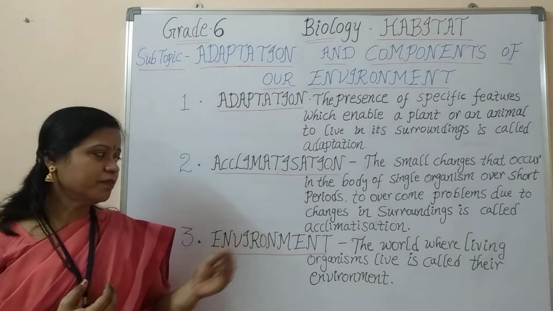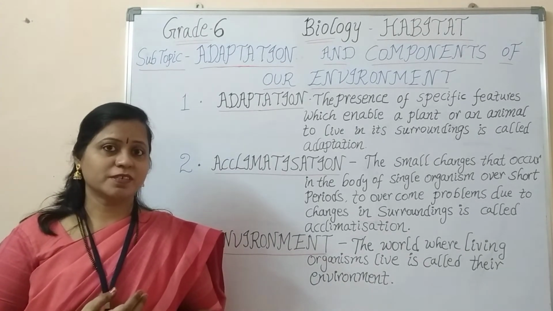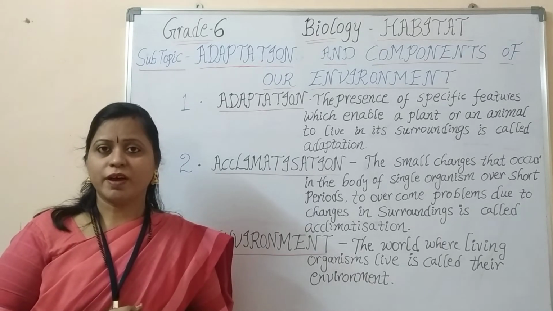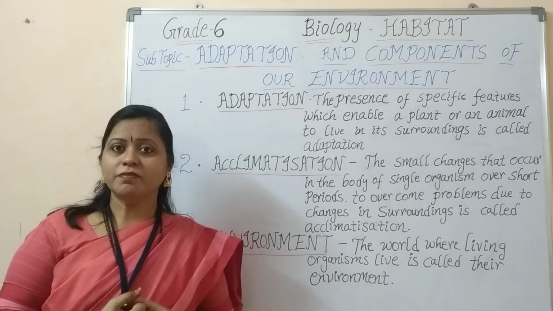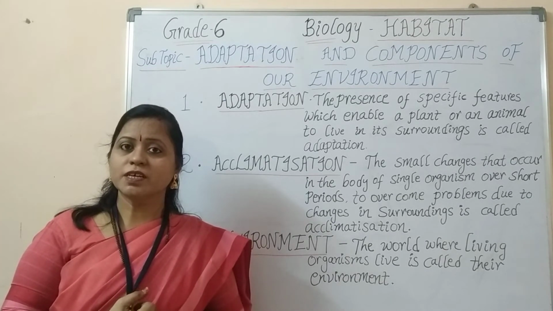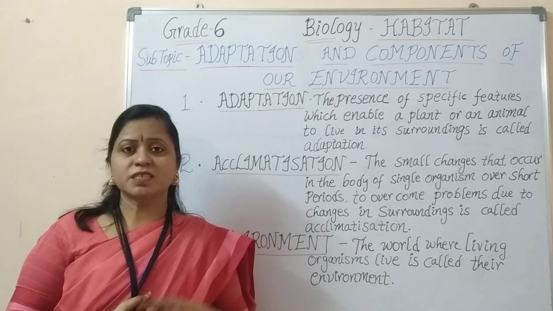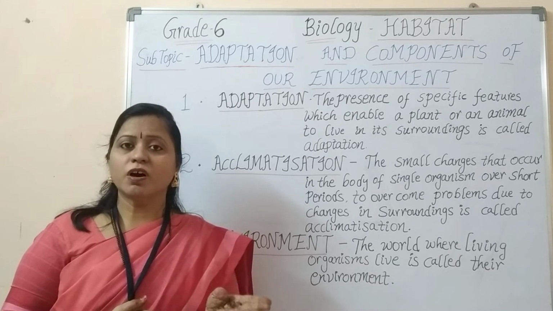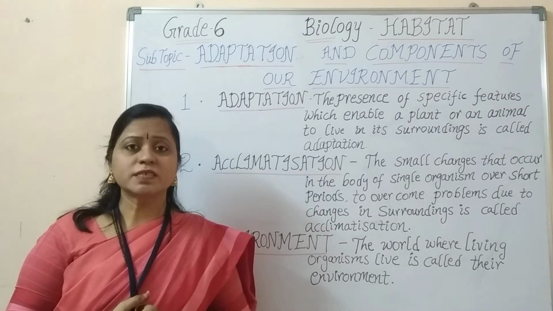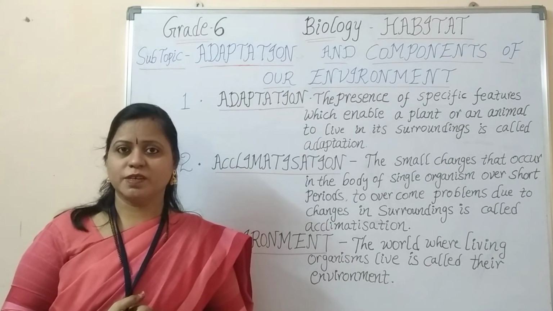Children, the world where living organisms live is called our environment. Our environment constitutes two important factors: abiotic factors and biotic factors. Abiotic factors constitute the non-living part. Non-living part means physical components like soil, water and air, and some climatic components like sunlight, rainfall, temperature, humidity.